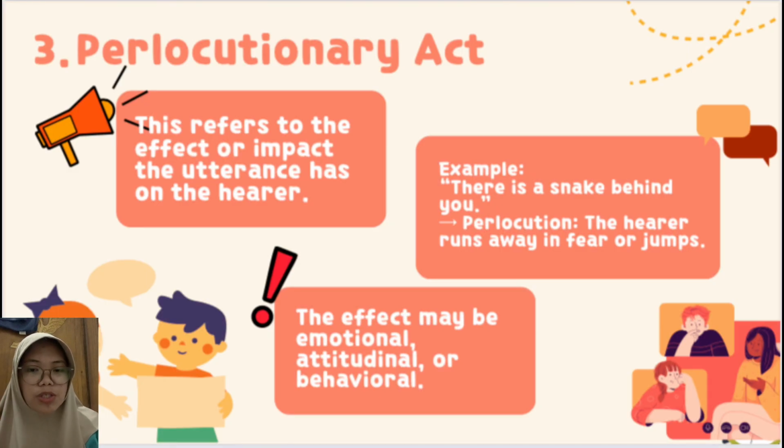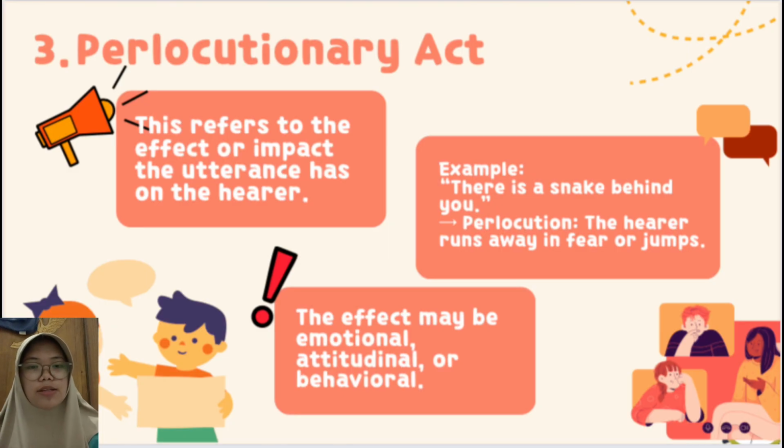In perlocution, the hearer runs away in fear or jumps. So it's like telling, and there's an action when we talk to them. I use one example for the three types to make it clearer. What's the difference between the three types?